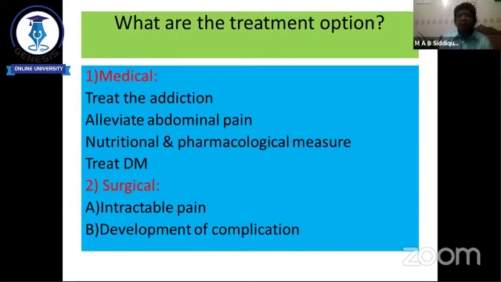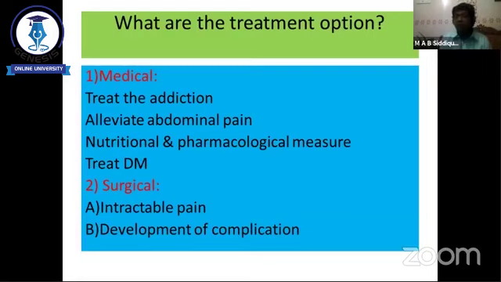Medical treatment is to treat the addiction, as sometimes the patient is alcoholic, and give psychological therapy. Relieve the abdominal pain; sometimes the pain cannot be relieved, so a stabilizer is used to relieve the pain.